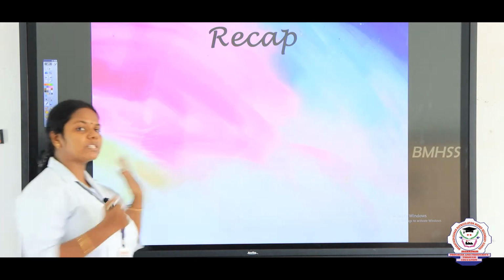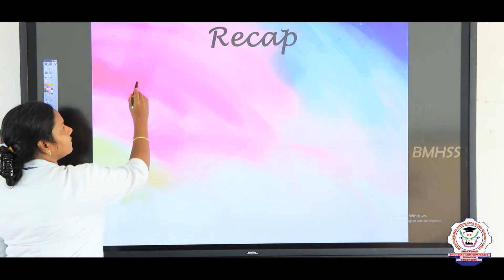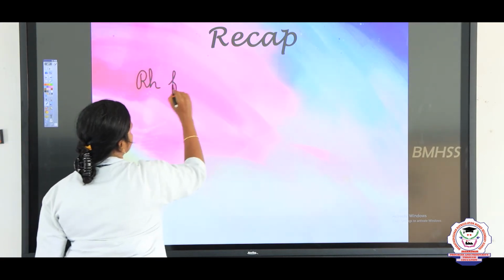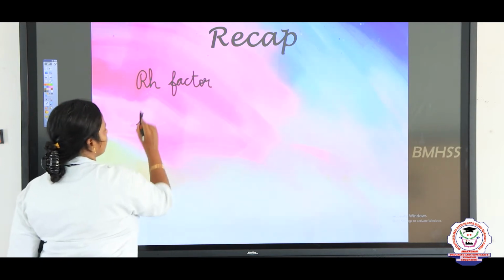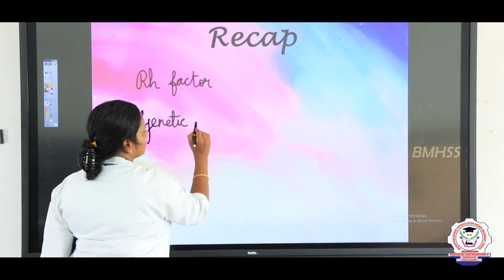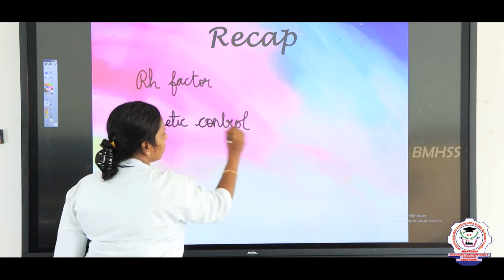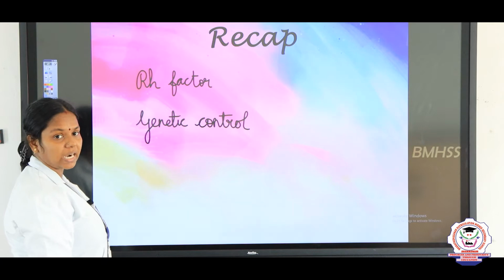So, what are all the things we discussed in the previous session, children? Yes, in the previous session we discussed the RH factor. What is the RH factor? And then we studied the genetic control of the RH factor, and in that we studied the two hypotheses, that is Fischer and Race and Weiner.